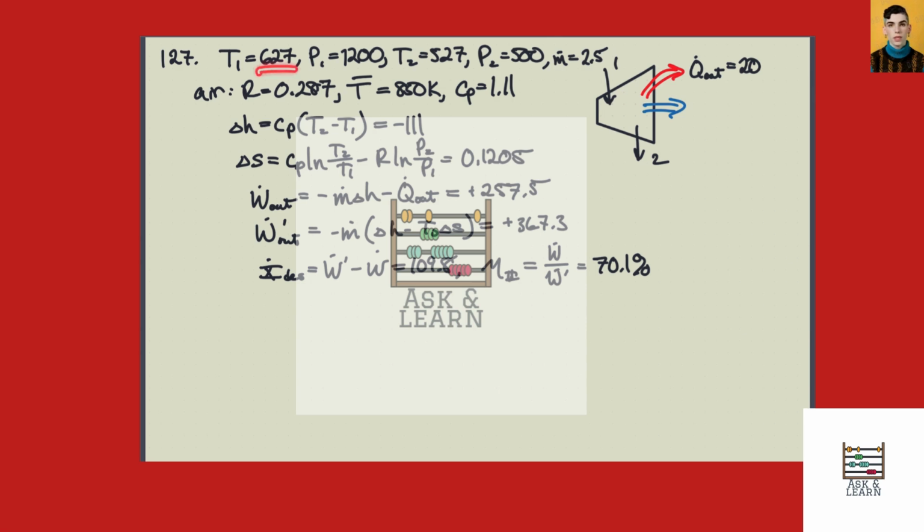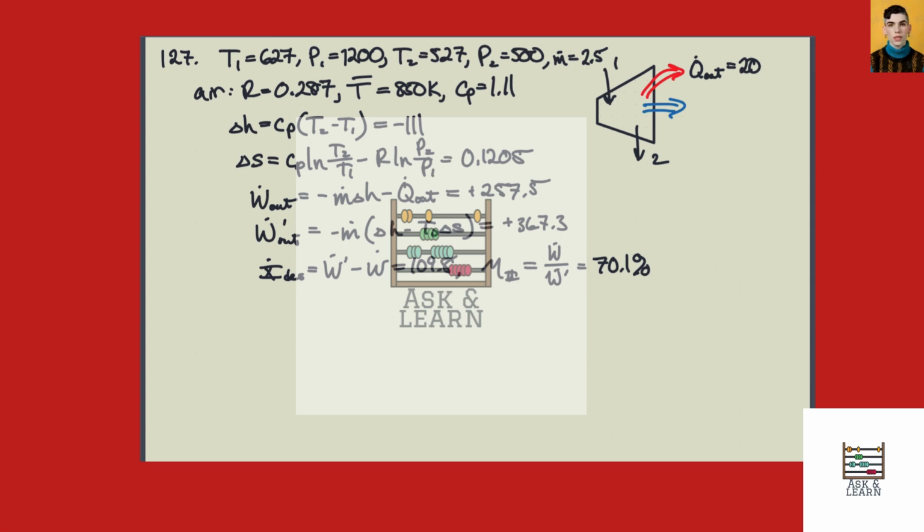We have a change in temperature of minus 100 Kelvin, or 100 degrees C. And so the heat capacity times the change in temperature is minus 111 kilojoules per kilogram. For the change in entropy, again, we use the ideal gas relationships and this average heat capacity that we found, and since we know the pressure, we use the pressure form here with P. And so we get 0.1205 kilojoules per kilogram Kelvin.